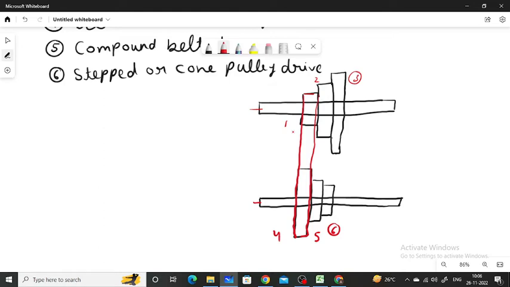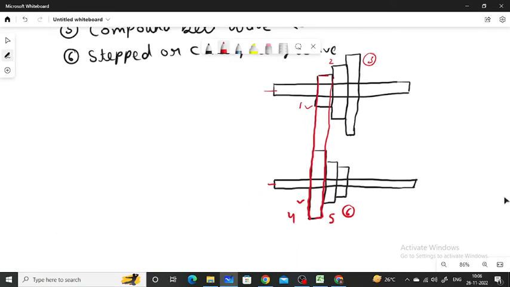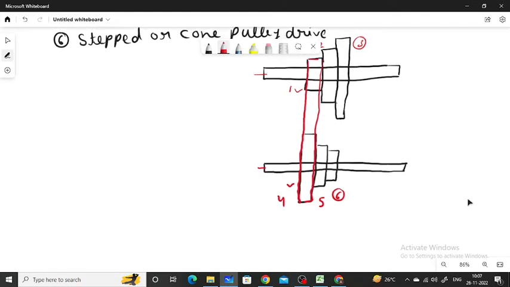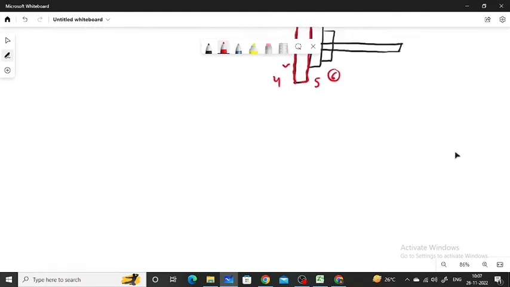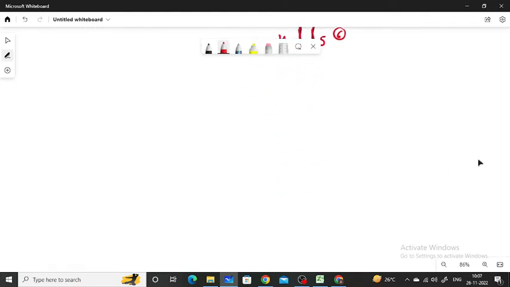Here the velocity ratios of pulley 1 and pulley 4 are according to the diameter of the pulleys. So with the help of a stepped or cone pulley drive, we can get different velocity ratios at different velocity output at the driven or follower shaft.